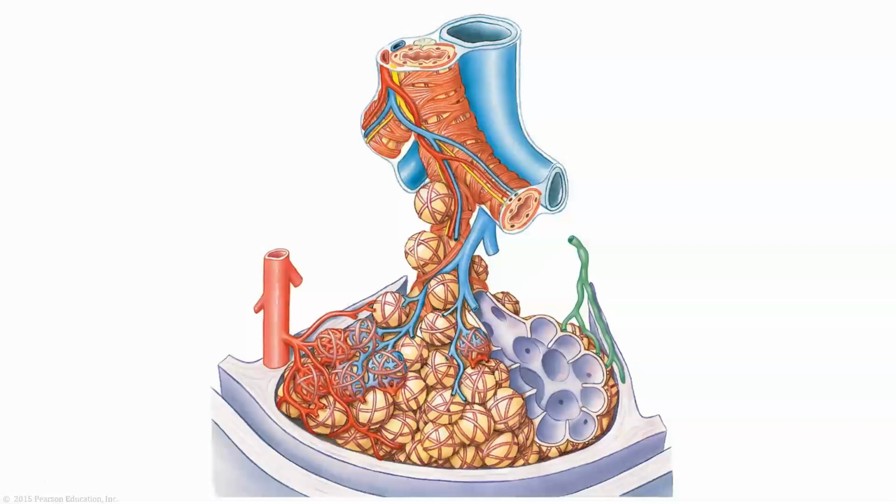Okay, another feature then of the microanatomy here is that we have lots of vascularization. We have lots of perfusion of blood, tiny little blood vessels covering every last little nook and cranny. So what you're seeing here would be a branch of the pulmonary artery, and that would be one of those main vessels leaving the heart.